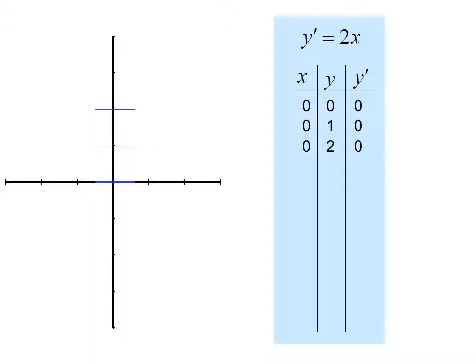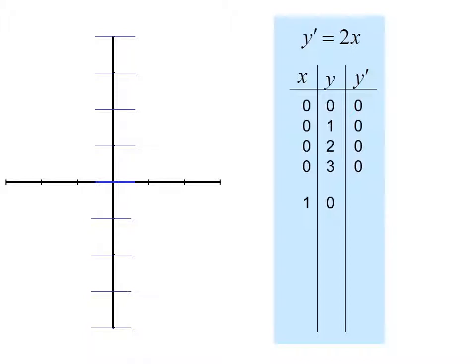And you can see where this is going because there is no y in the derivative equation. It doesn't matter what y is. If x is 0, we're getting a slope of 0. So we could keep filling these in, but they're all going to be horizontal segments. So let's move over.